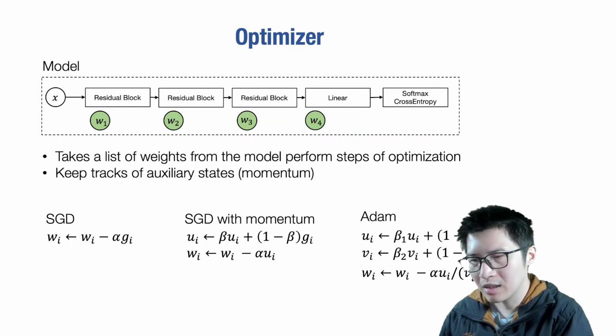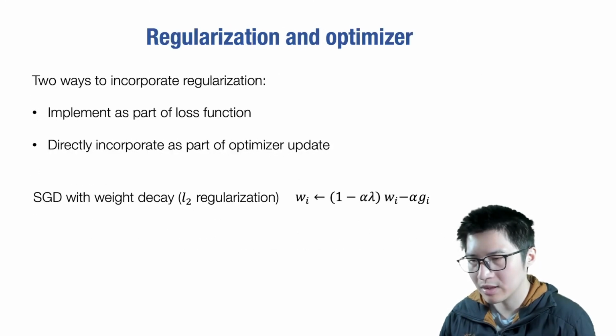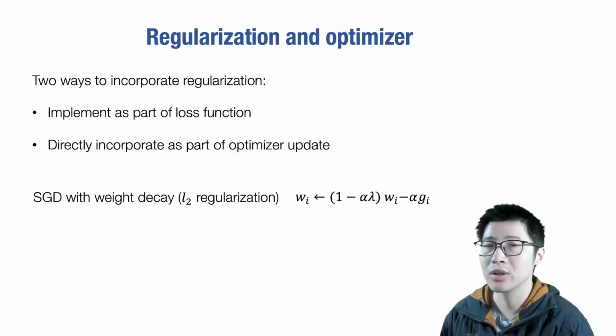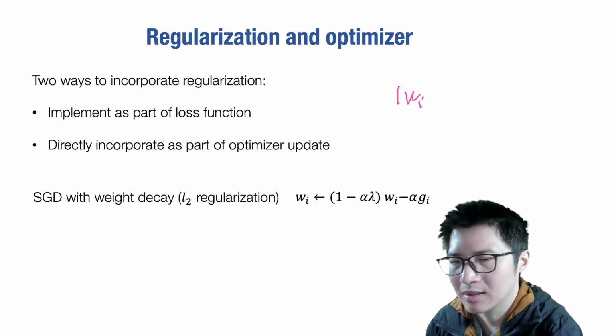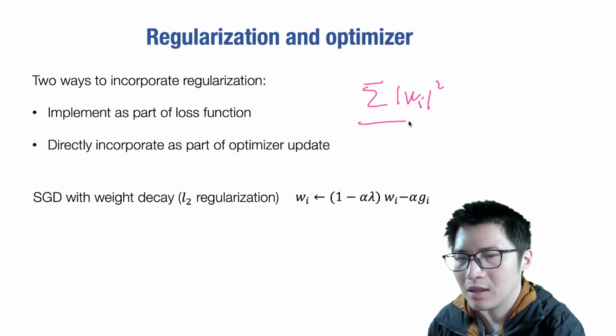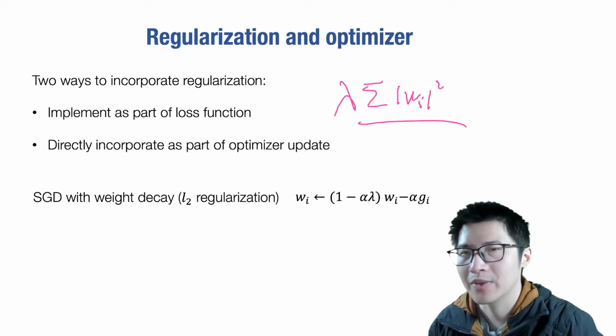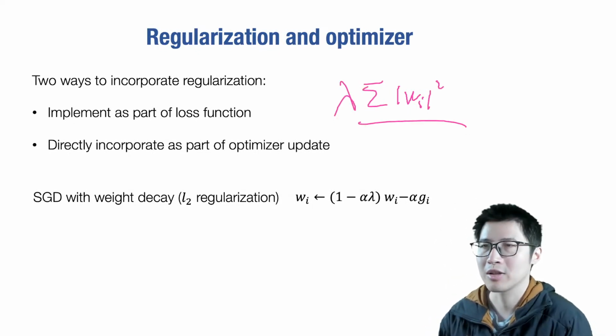Besides the optimizer, one of the considerations is that we want to consider regularization factors. For example, we may want to apply L2 regularization to make sure that the L2 norm of each of the weight values is not too large.